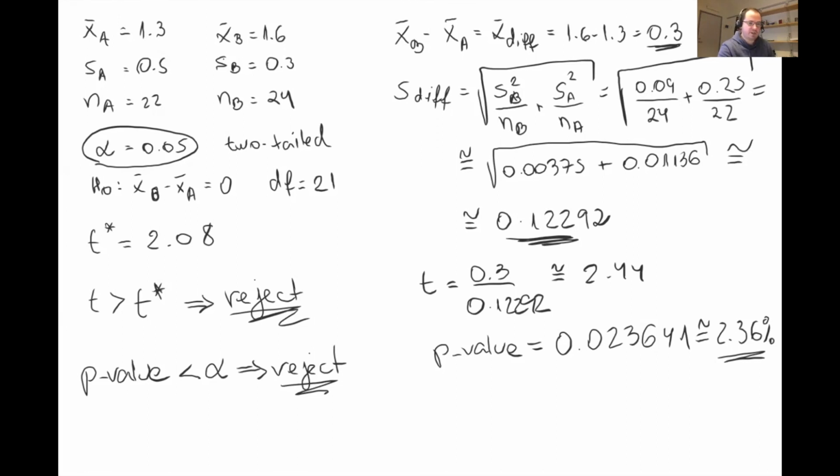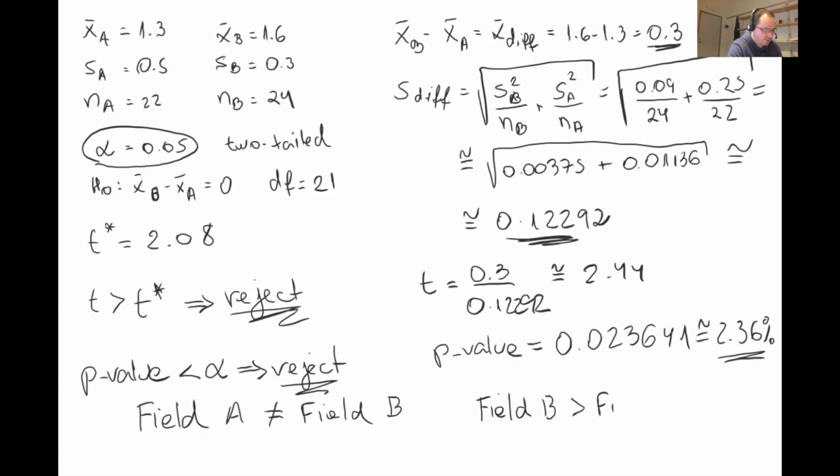And the conclusion, in English, is that feud A is not the same as feud B in terms of the size of the tomato plants. You might be tempted to say, because if you look at the actual sample means, that feud B plants are larger than feud A plants.